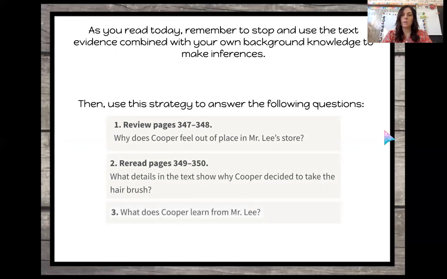And lastly, what does Cooper learn from Mr. Lee? Remember that when you're making an inference, you use the text evidence and then think about how the character is behaving and reacting, and that will help you to come to an understanding and make an inference or draw a conclusion about the text.